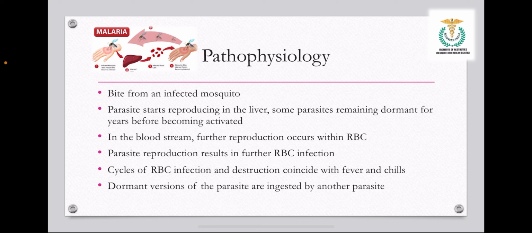And in rare cases, malaria can pass from a pregnant woman to the fetus during pregnancy or birth, and it is possible but unlikely for malaria to be passed through a blood transfusion, organ donation, or needles, through surgical needles or syringes, etc. So this is the pathophysiology of malaria.